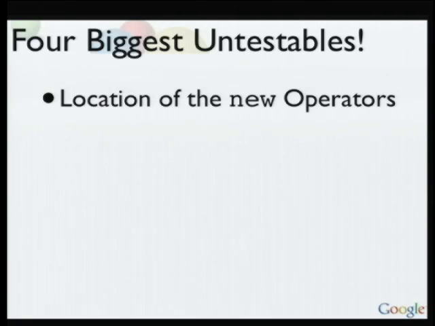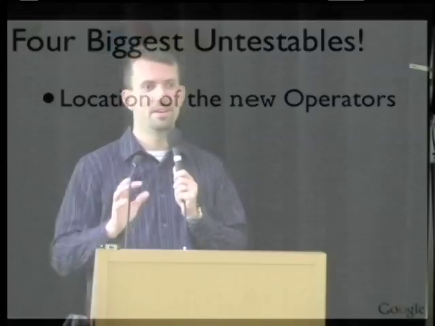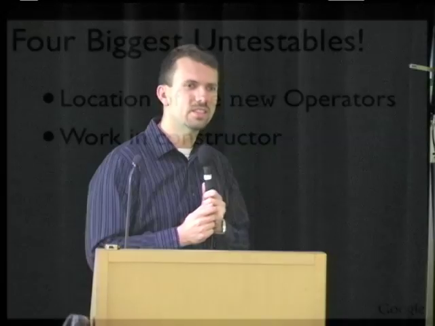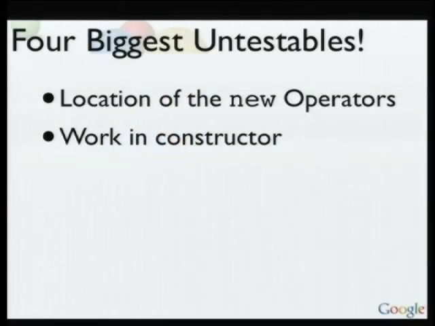Well, you are probably the guys who do testing. What about the rest of the team that you work with? Do you think most of them think about the new operators, or they're just like, oh, I need a new object, let me new one up? The other one is working constructors. This is another problem that causes a lot of trouble from a testability point of view, and we'll go into that in a second.